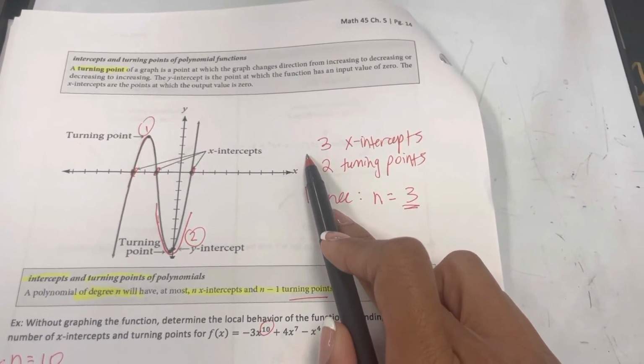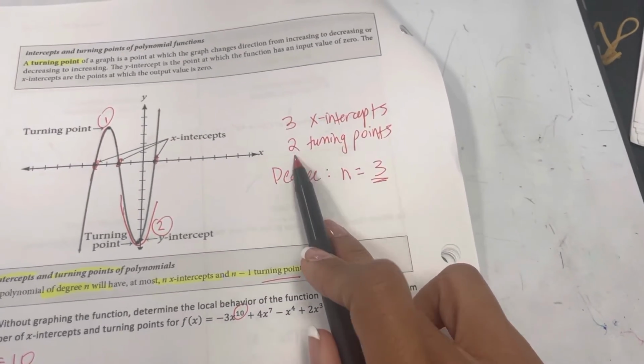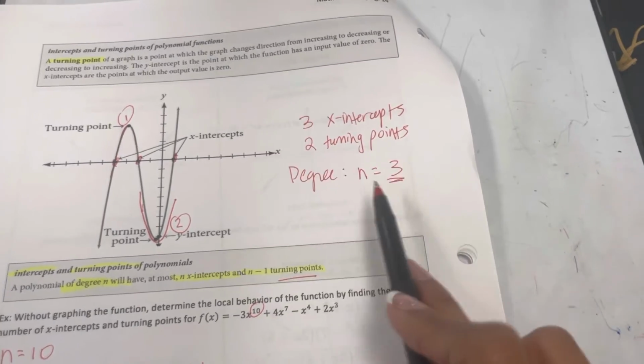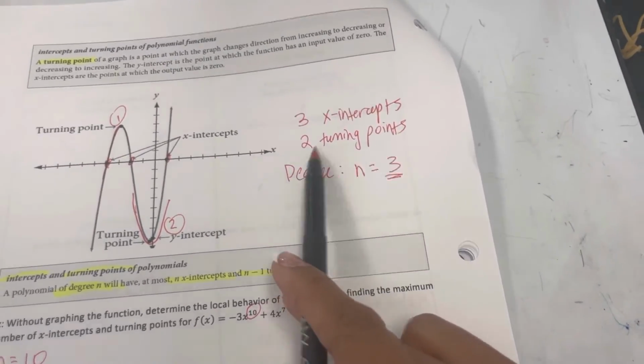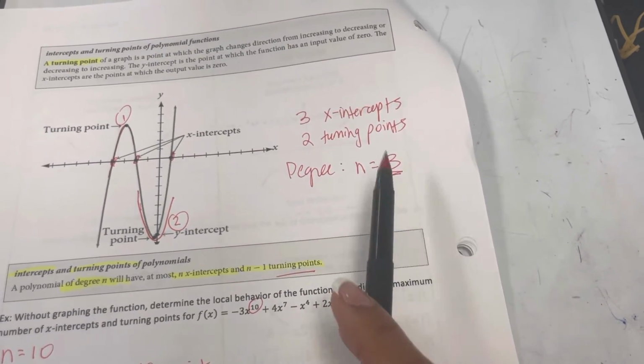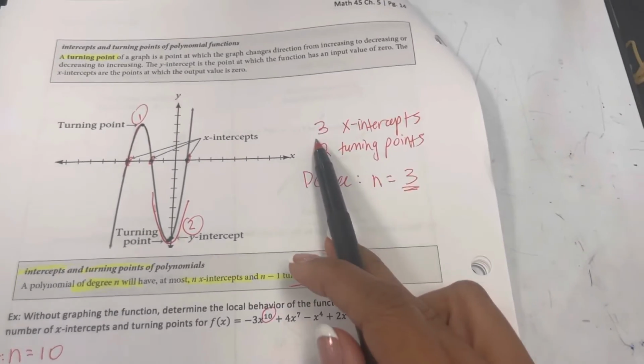But what tells us the degree is the turning points. There are 2 turning points, so the degree has to be 1 more than the turning points. So this is 2, this has to be 3. That's how we know it's 3. The x-intercepts just say at most it'll have 3.